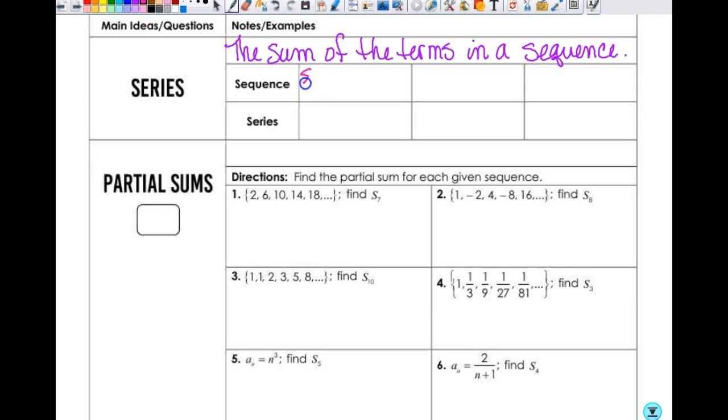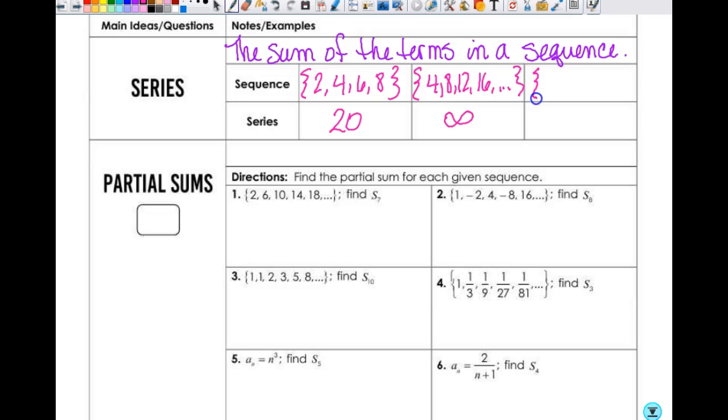So if I give you a sequence like 2, 4, 6, 8, the series for that sequence is going to be 20, because it's literally just adding up those numbers. If I give you 4, 8, 12, 16, and it goes on forever like that, then the series here is going to be infinite.